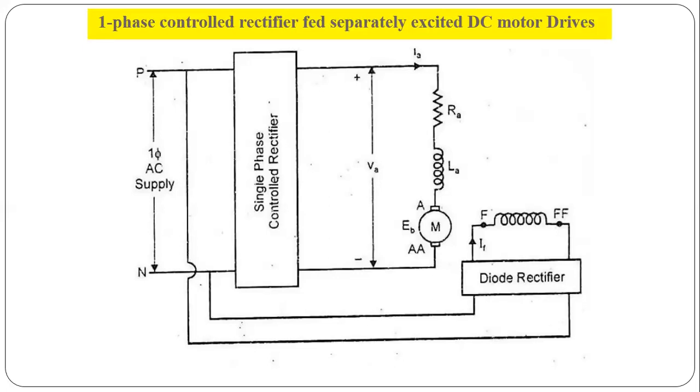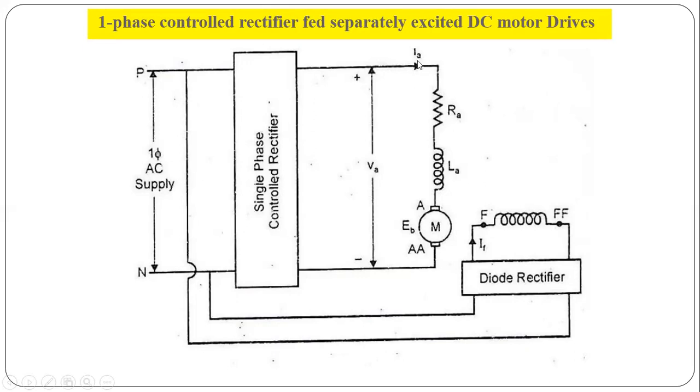In this circuit diagram you can see it is connected to a single phase AC supply. These are the two points, phase and neutral, as you know that in single phase there are only two points, phase and neutral. This is a single phase control rectifier which converts fixed AC into variable DC. And this is the RLE load.